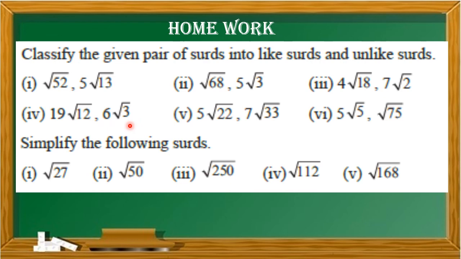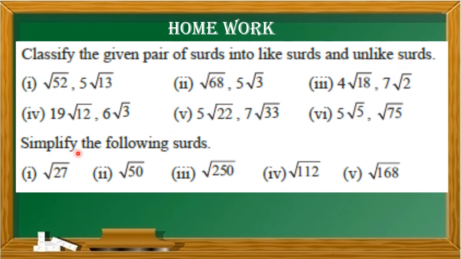If the radicand is the same and the order is the same, here the order is 2, then you can say that these are like surds, otherwise the given surds are unlike surds.